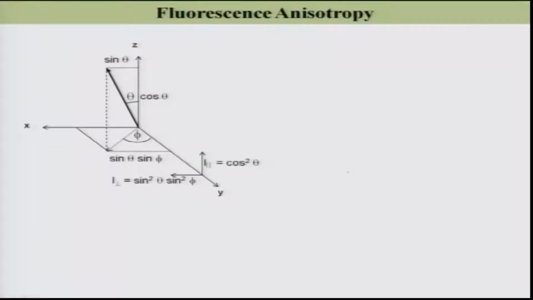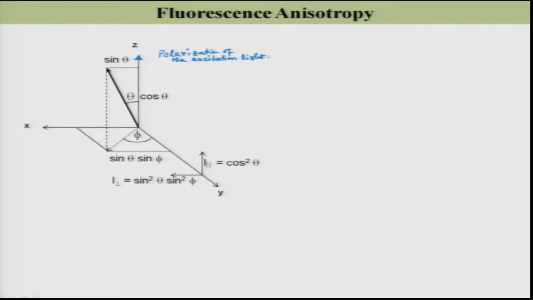So, let us now consider that you have excited the molecules along the z axis. So, the z axis is the polarization of the excitation light. Let me write here: polarization of the excitation light is along z.